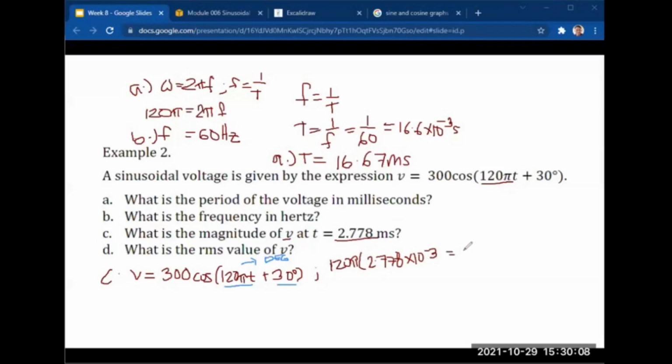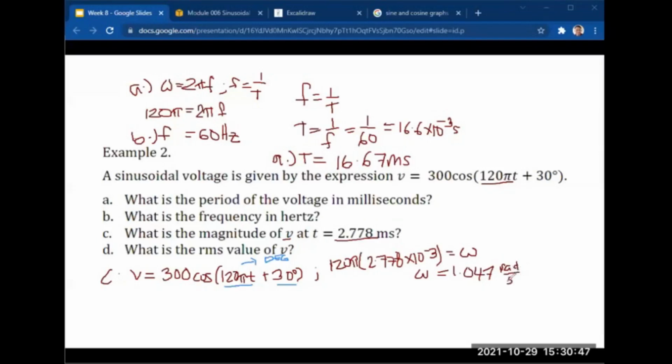If we multiply 120 pi times 2.778 milli, this is equal to 1.047 radians.